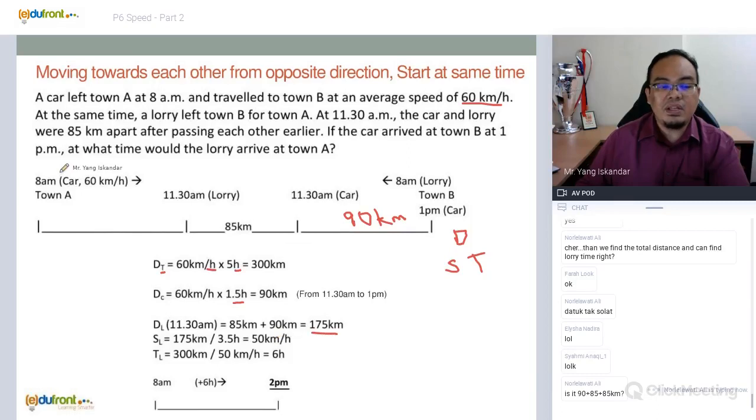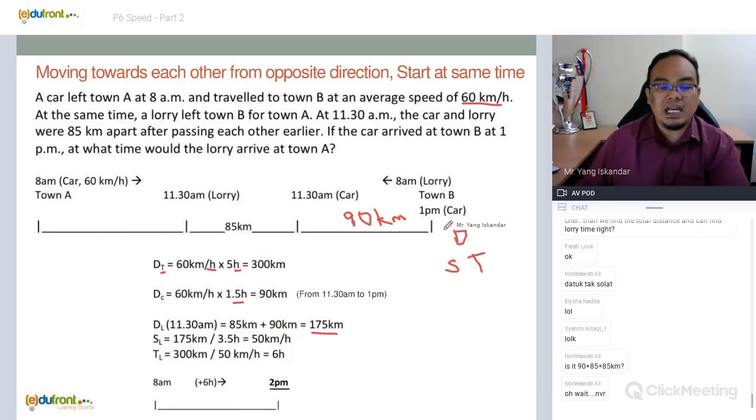Right? Now, since we know the total distance is 300 kilometers, the question asks what time would the lorry arrive? So we want to find out how long the lorry took to travel the entire distance. Since the entire distance is 300 kilometers and the speed of the lorry is 50 kilometers per hour, time is distance divided by speed, which is 300 divided by 50, you get 6 hours.